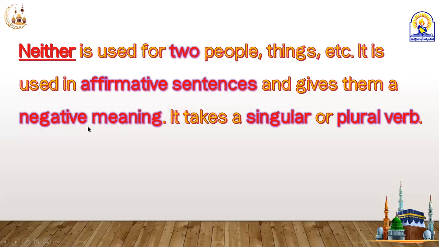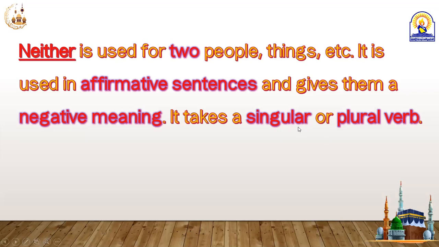Like what, Abdulaziz? Like none. So neither and none are used in affirmative sentences, but they change the meaning into negative. Neither and both are used to talk about two people or two things. And neither is followed by a singular or plural verb, as you like.